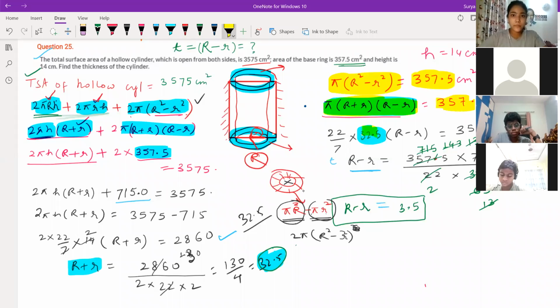Again, how are we writing 32.5 here? Instead of R plus r, we are writing 32.5.